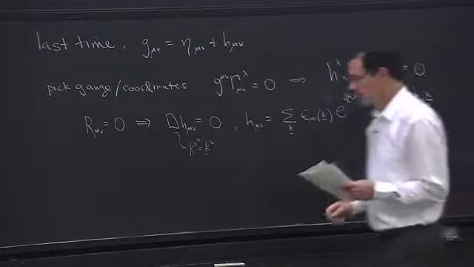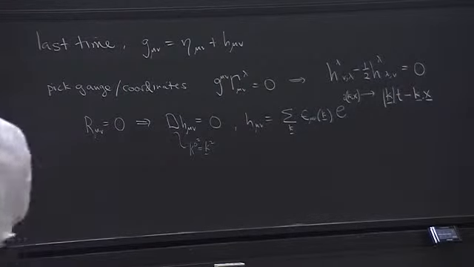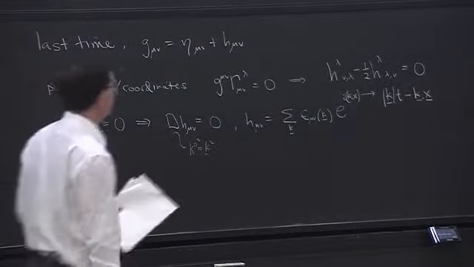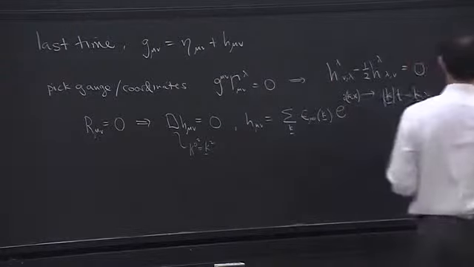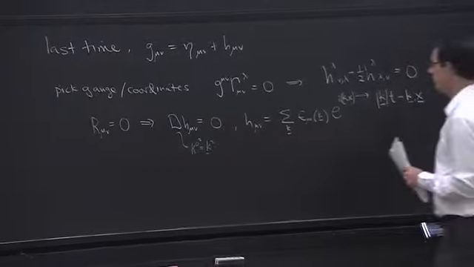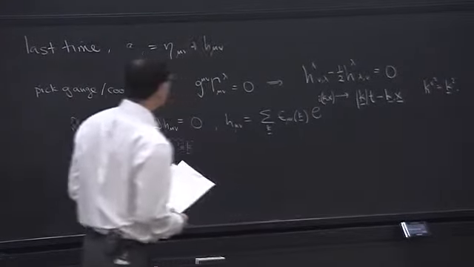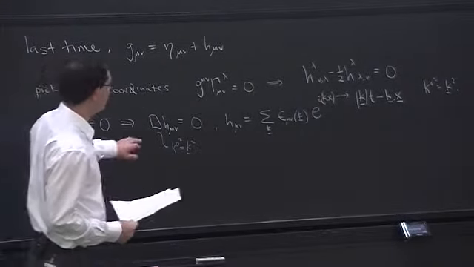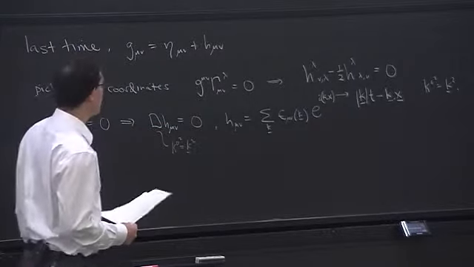The energy, the k naught component, has to satisfy k naught squared equals k squared. Okay, so this is the general solution of the wave equation.